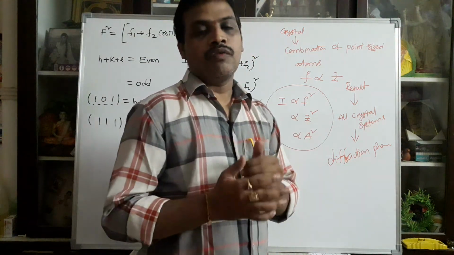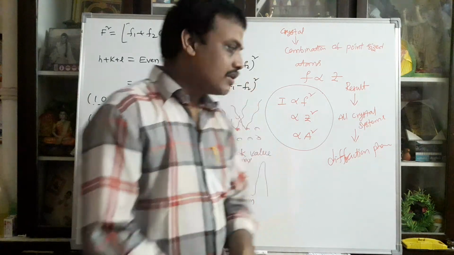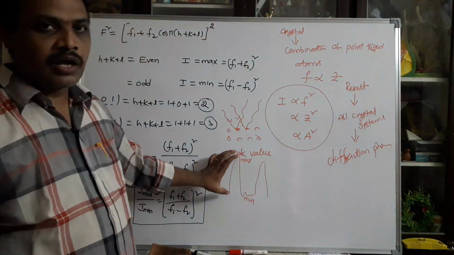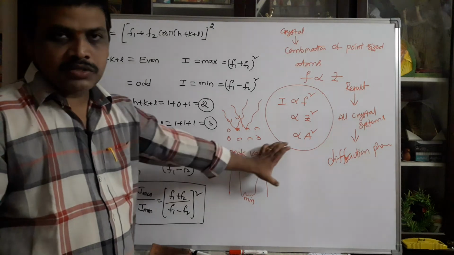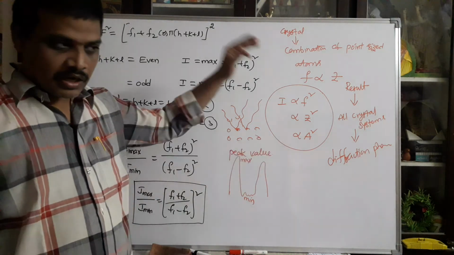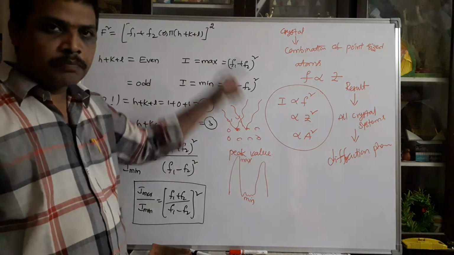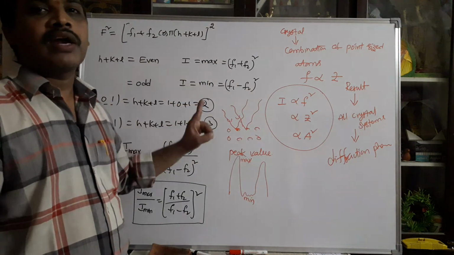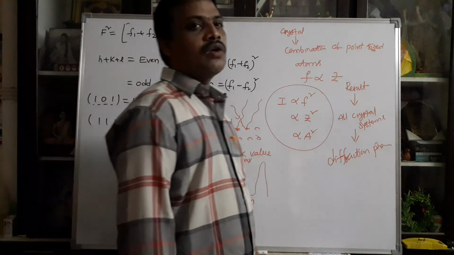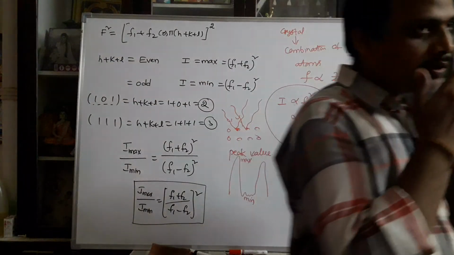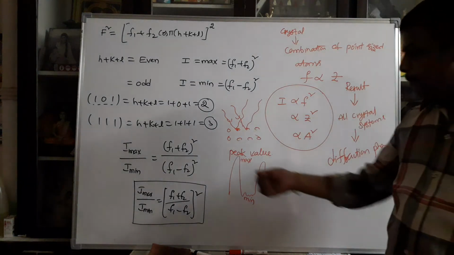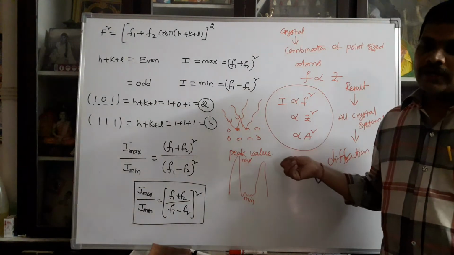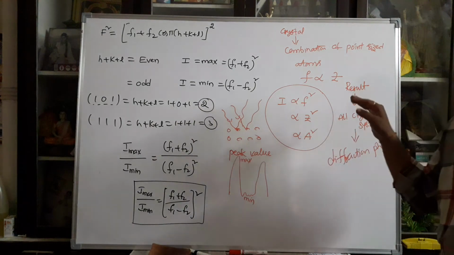Once peak values appear in the intensity, on that position X-rays are diffracted. Easily you can announce that. If no peak values are observed, diffraction does not take place.